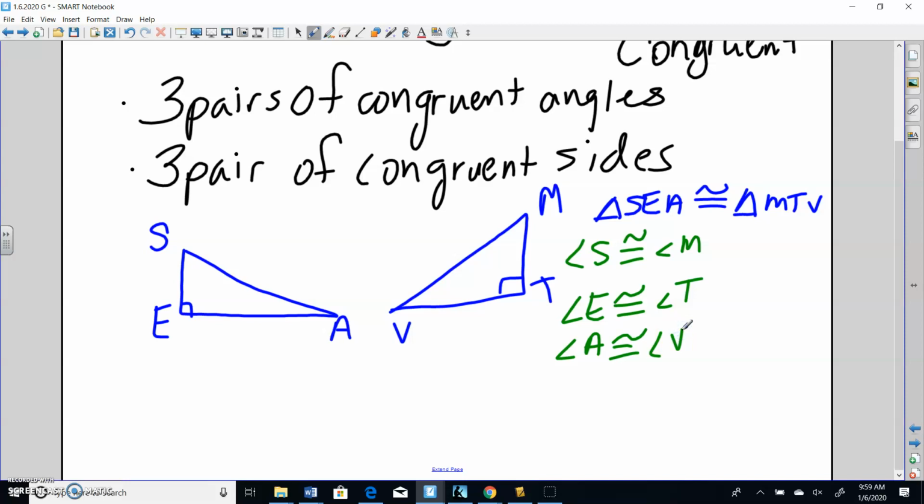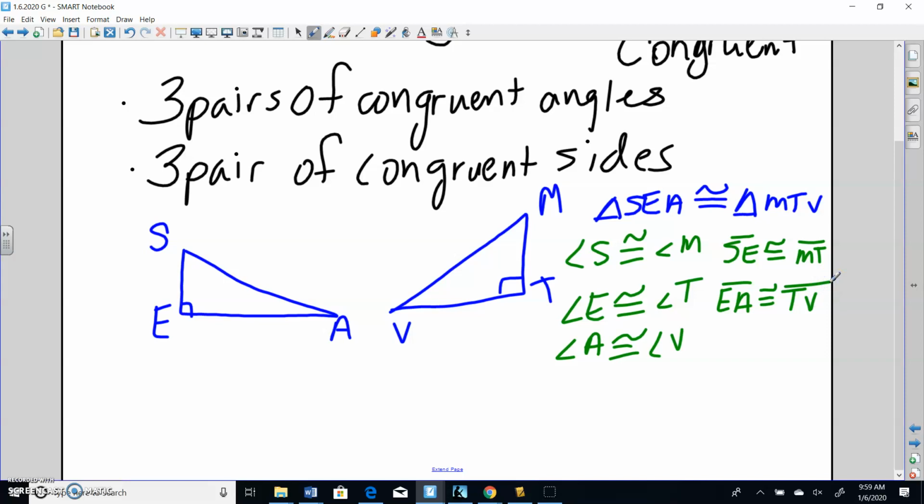All right, sides. Side SE. That's going to be congruent to what side on the other triangle? MT. Then I'm going to go side EA is congruent to TV.